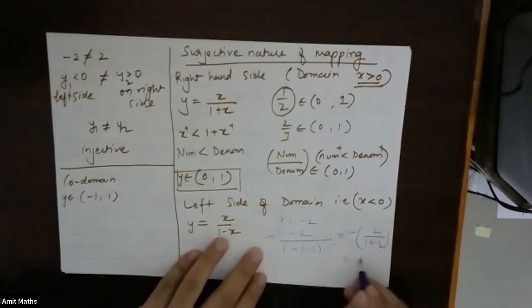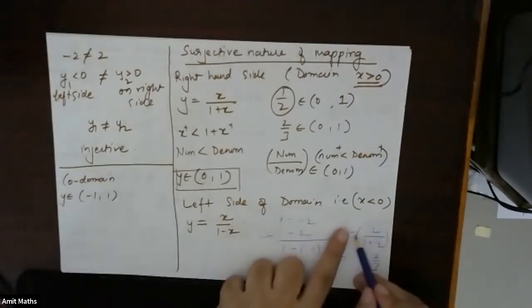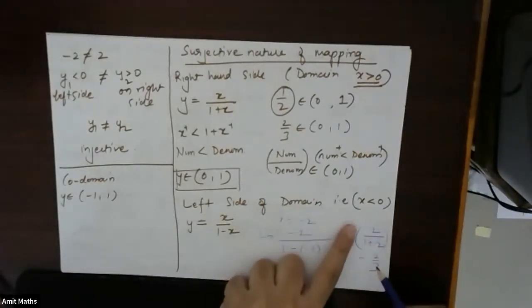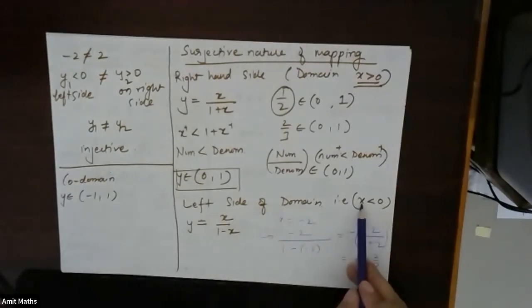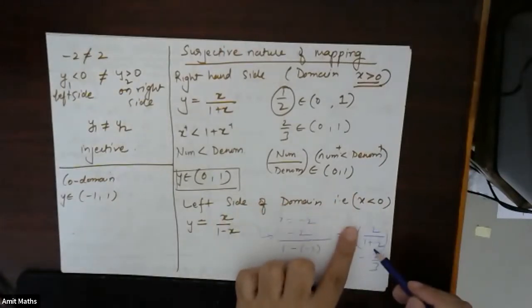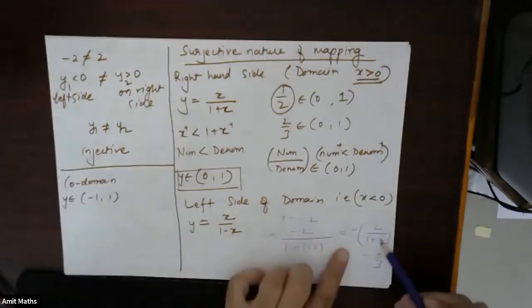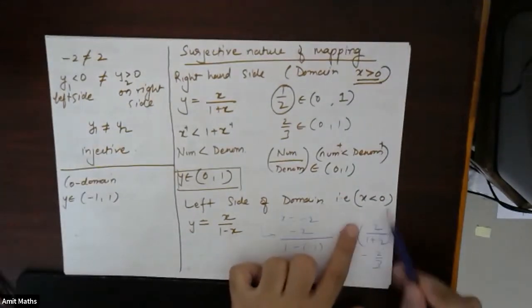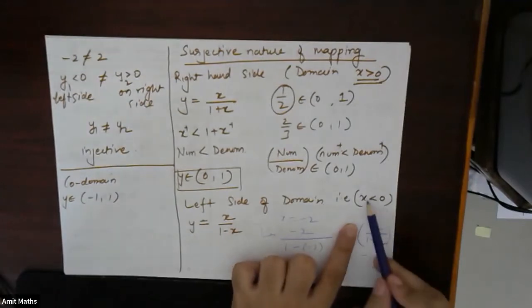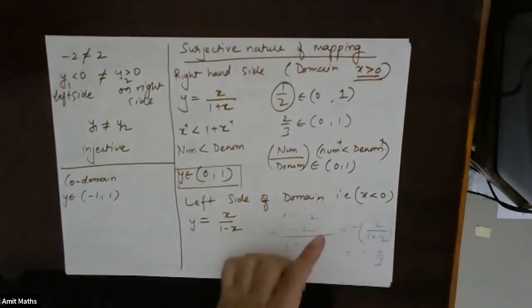So this will become minus 2 by 3. Suppose I substitute x as minus 3, this will become minus 3 upon 4. If x is minus 4, this will become minus 4 by 5. If x is minus 5, this will become minus 5 by 6, and so on.